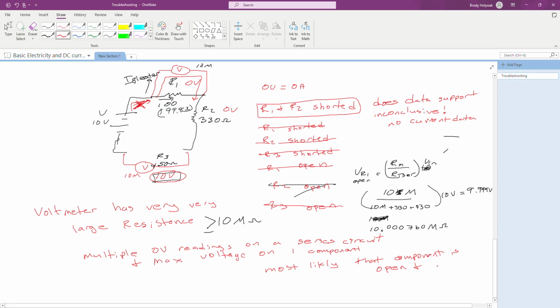And our meter is measuring the drop across itself.